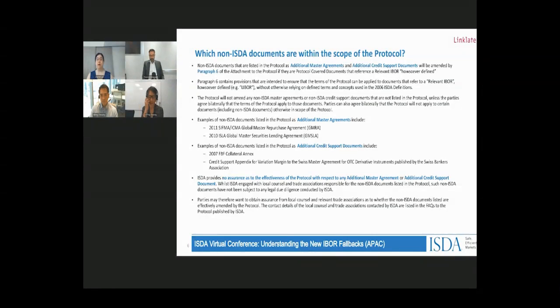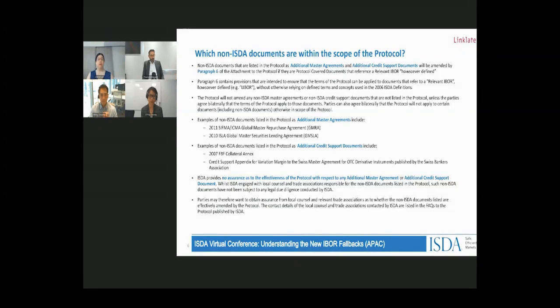There are also helpfully covered IBORs in the sense that if they are generally described as LIBOR in a document, they would be covered by the protocol, or a LIBOR or relevant IBOR, howsoever defined, whether it's in the English language or otherwise. So it is meant to go from the very specific to the very broad, and the attempt here is to make sure we capture as many of these relevant IBORs as possible.